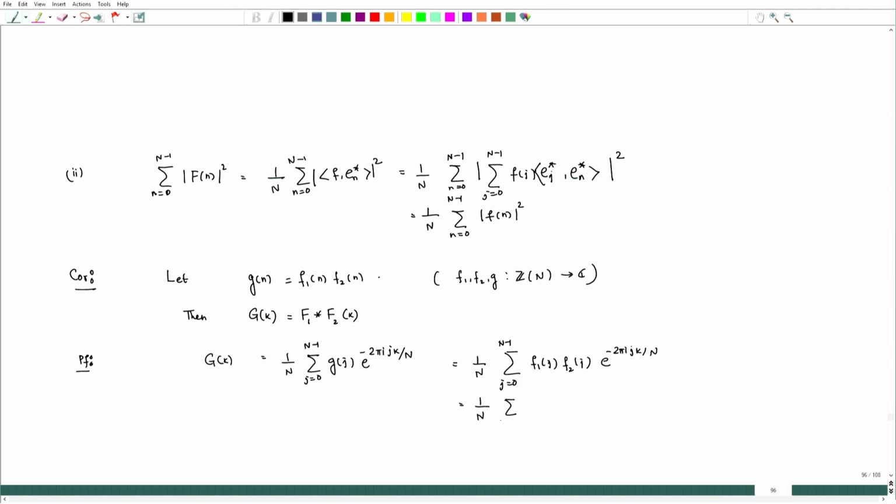So, this will tell that this is n minus 1. If I am writing the inversion formula, here this is going to be L equal to 0 to n minus 1 f 1 of L e to the power 2 pi i L j by n, then f 2 of j e to the power minus 2 pi i j k by n.